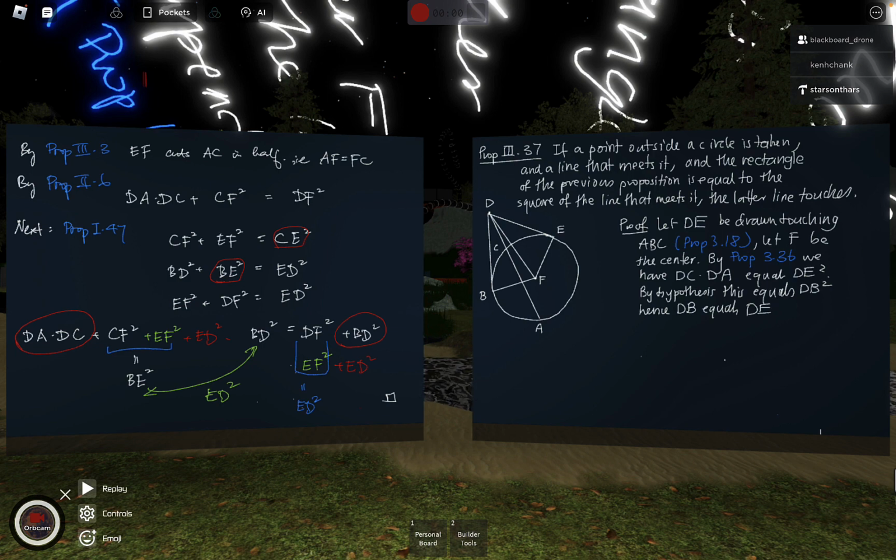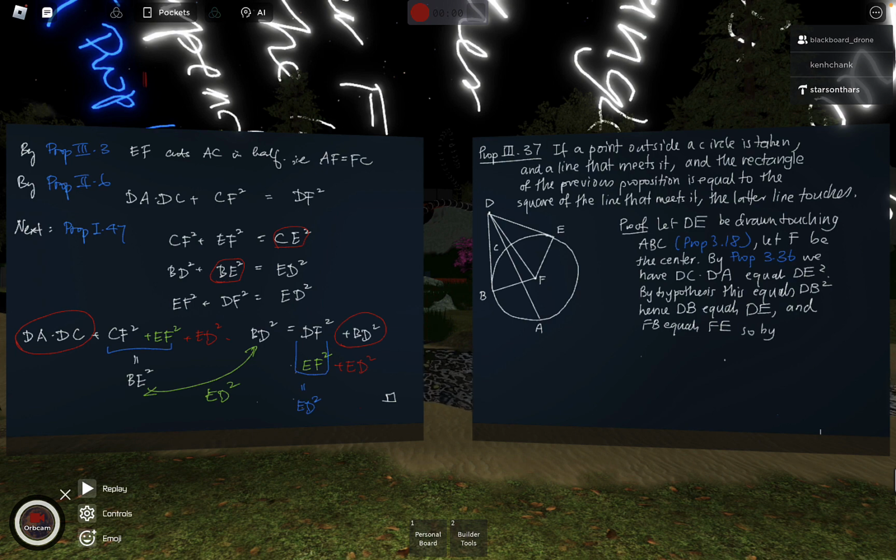Okay, so DB equals DE, and of course FB equals FE, because they're both radii. So the two straight lines DE, FE are equal to the straight lines DB, FB, and of course the bases are equal because the base is shared.